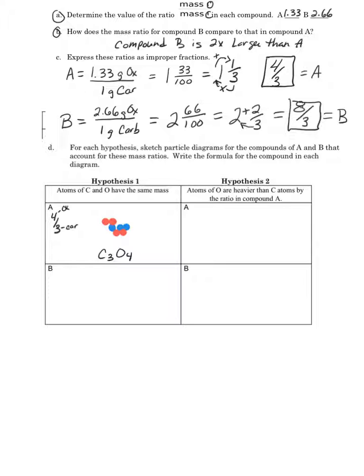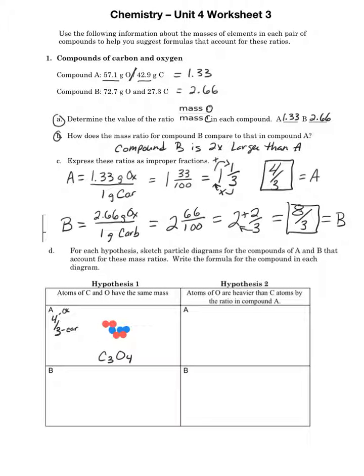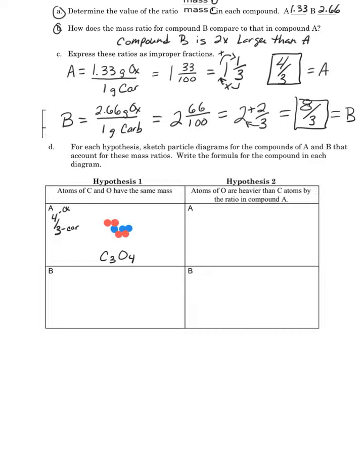Now I'm ready for hypothesis 2. Hypothesis 2 relates to how the mass ratio for compound B compares to that in compound A. Well, we said B is 2 times larger than A. So the very simplest combination that I could write would be CO. That's the very simplest combination I could do.